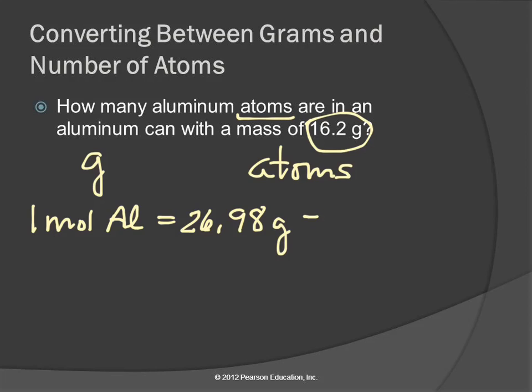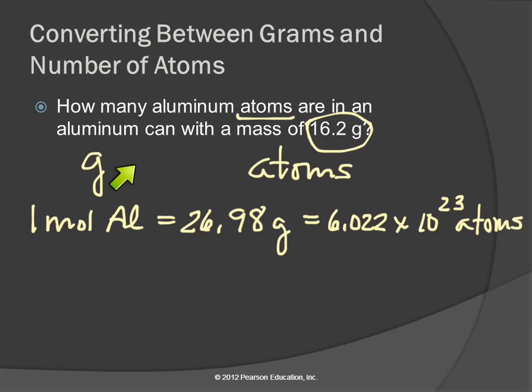How many atoms is that? 6.022 times 10 to the 23rd. Because 1 mole is always 6.02 times 10 to the 23rd. That's always true. This number is specific to aluminum. 1 mole of aluminum is 26.98 grams.